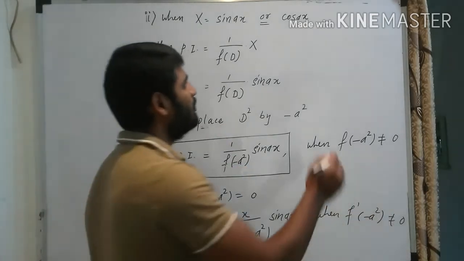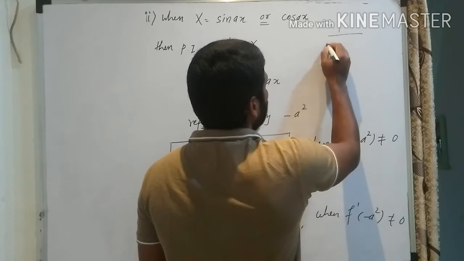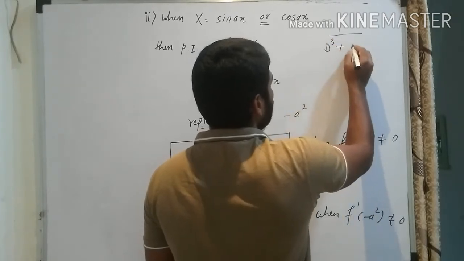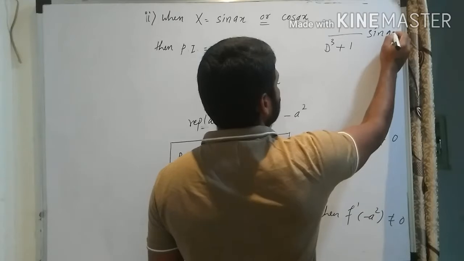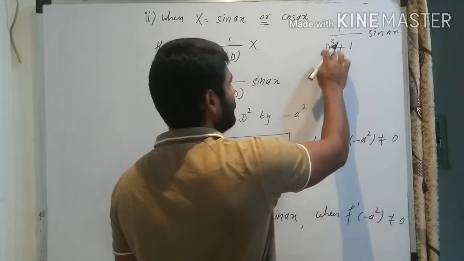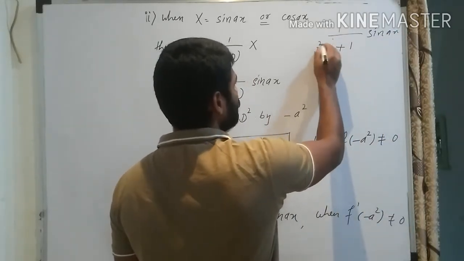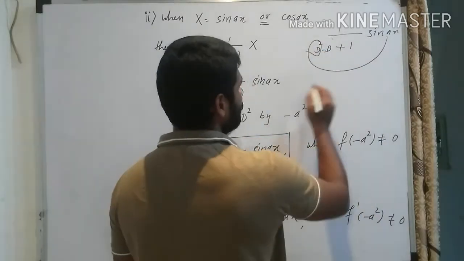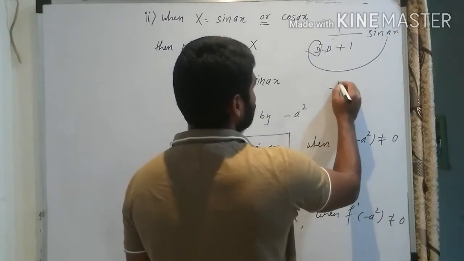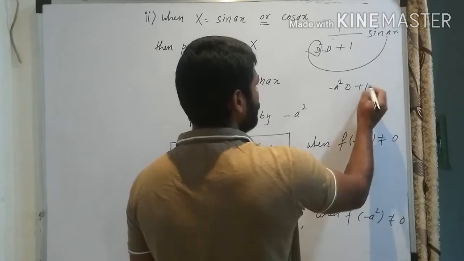Suppose 1 upon D cube plus 1 is provided to you and sin x is capital X. D cube can be written as D square into D, and if we replace D square by minus a square, we get minus a square into D plus 1.